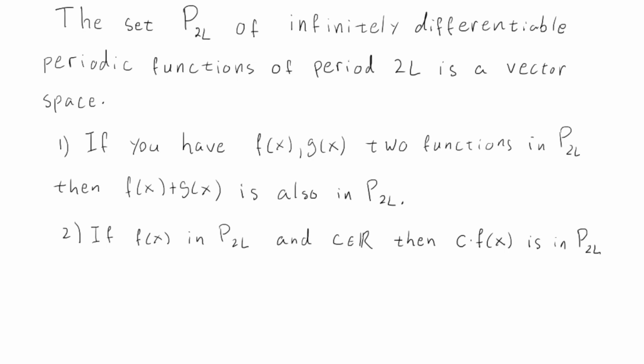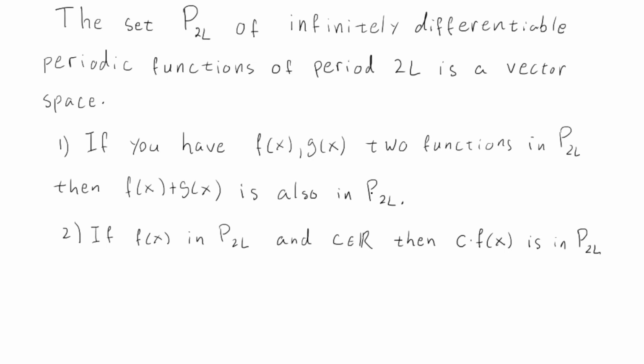So basically, you can think of this set of periodic functions, P2L, as Rn. It's very similar in certain ways, at least, to Rn. The thing that is a little bit more complicated about it is that it actually has infinite dimensions. It's an infinite dimensional vector space. But you just don't want to think about that because that's just an extra complication that's not going to make you feel good initially. But it's just like Rn. And it's so much like Rn that it also has a dot product.